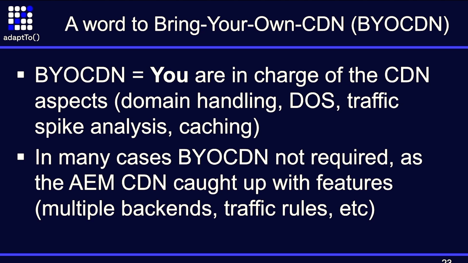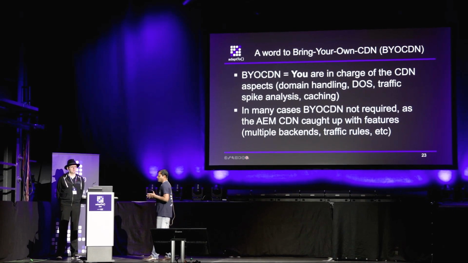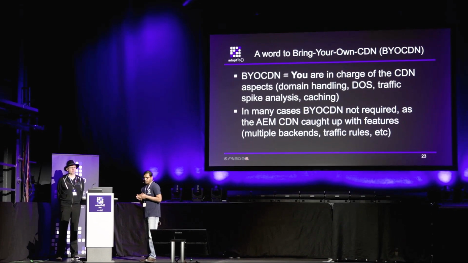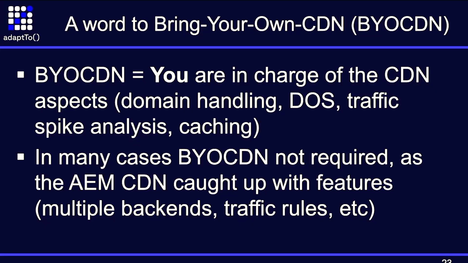One can also bring your own CDN, but then all the aspects of content caching are managed by the organizations. In many cases, you will notice that Adobe CDN is good enough for most of the common cases, as well as some advanced cases now. And so BYO CDN may not really be required for the features which organizations were looking for in the past.